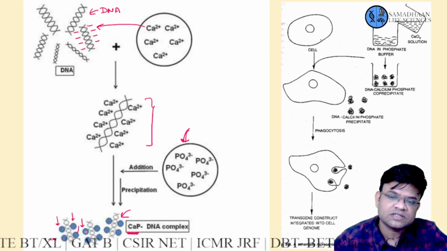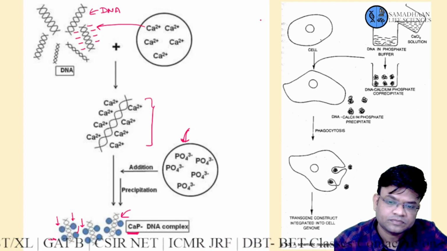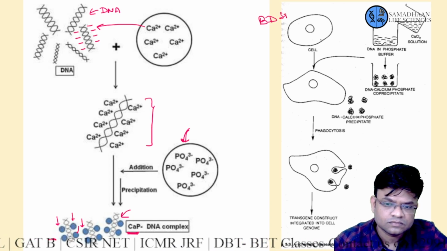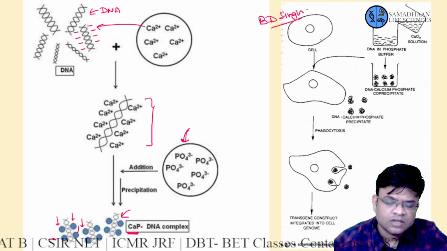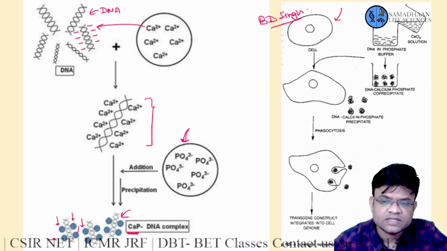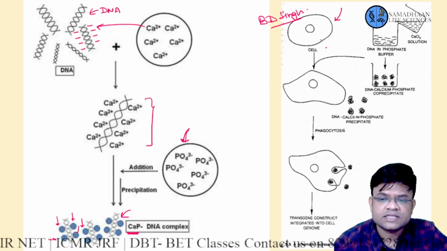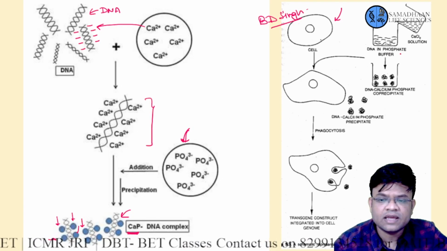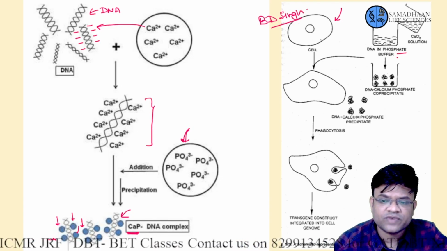Another diagram, this is the diagram from B.D. Singh. You can check out that this is a cell, and the cell is added to the phosphate buffer.